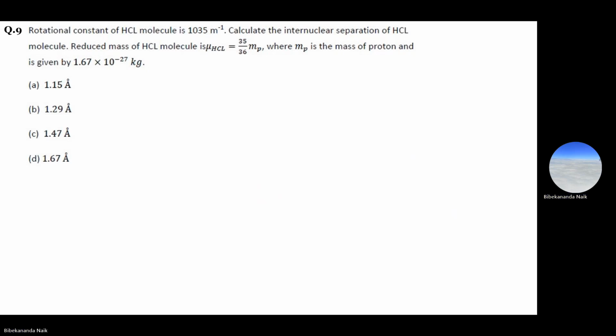Now, if you see here, we know the value of B. The value of B is nothing but h by 8 pi square Ic.